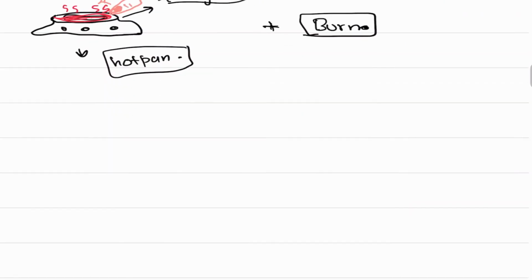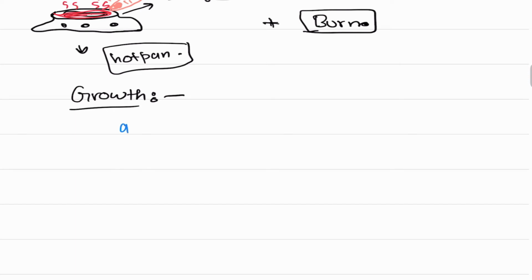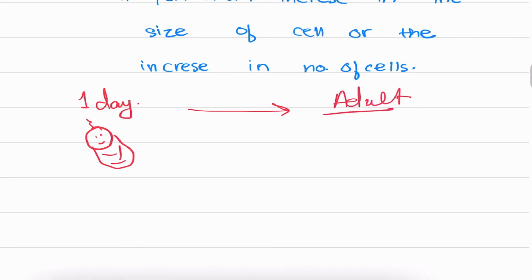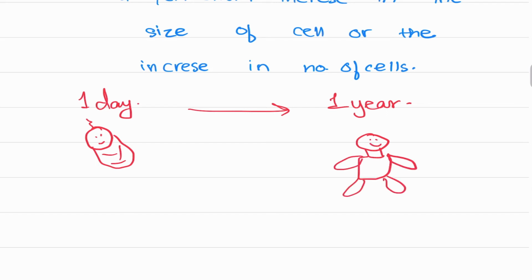Now we have growth. Growth is a permanent increase in the size of cells, or the increase in the number of cells. For example, if we take a 1-day baby, how small will he be? Like this much, right? But then if we see him after a year, he looks like this, right?